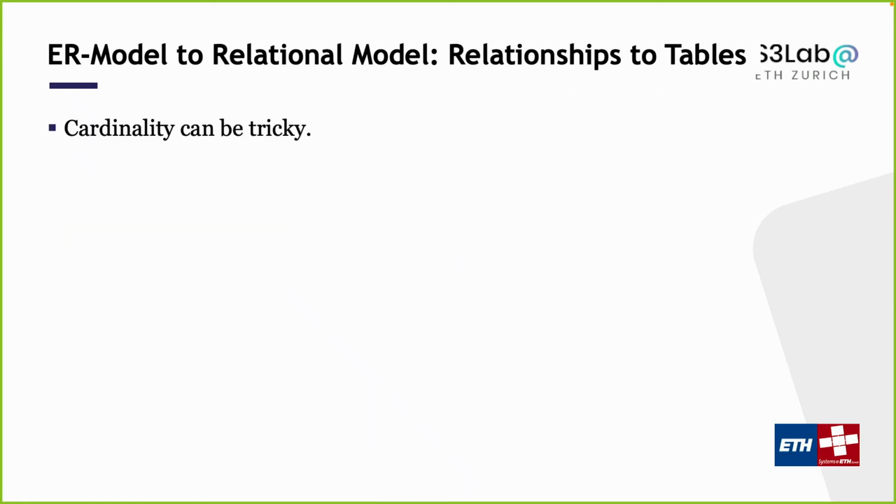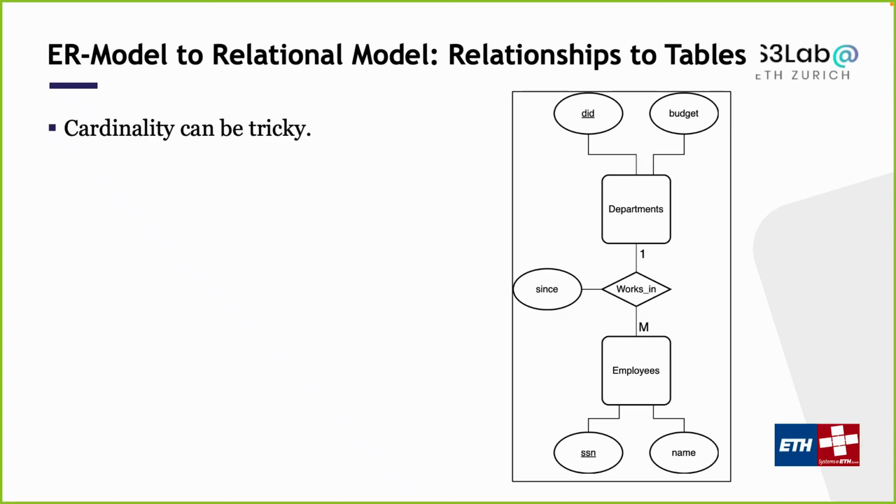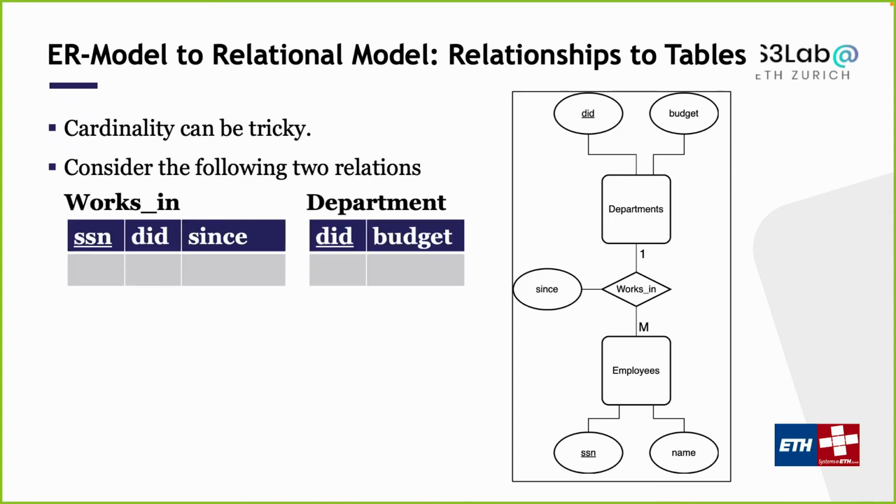So now let's look at another example. Again, I have the same ER diagram with employees and department. So now let's think about these two relations. The first one corresponds to department, right? I need to have this. For this department, I have department ID, I have budget. On the other hand, I have this works in relation.